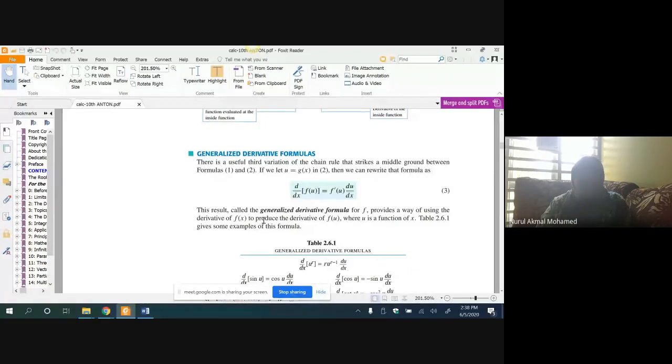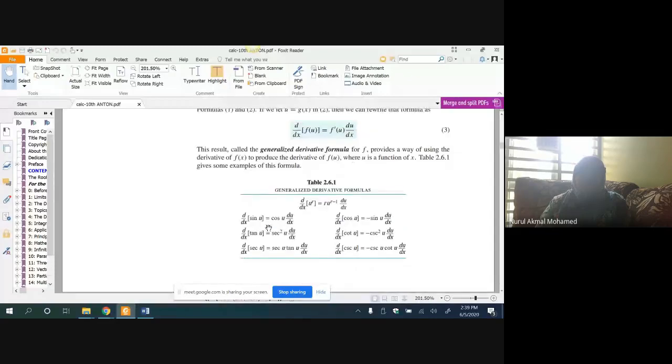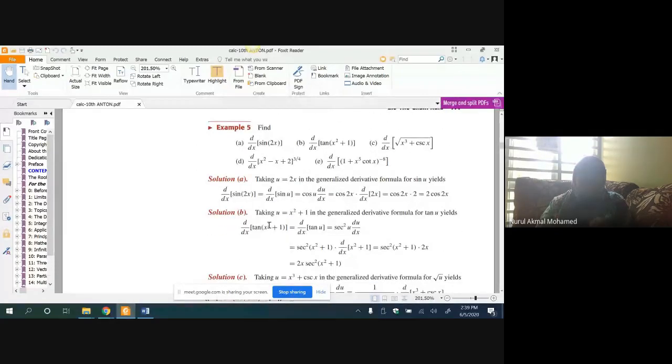We are not going to go through this, you can read it on your own. But now we're going to use the chain rule, the one that we have learned before, in order to solve all the examples. So let's look at example 5 here.